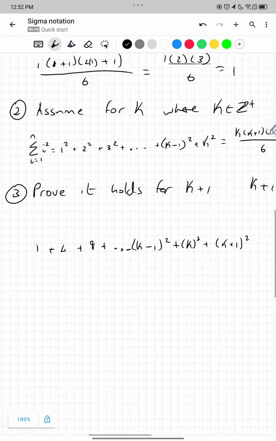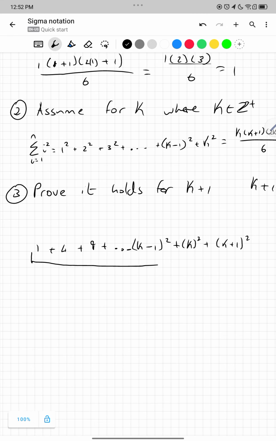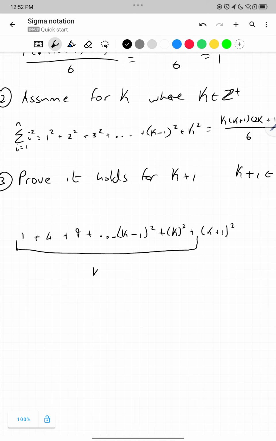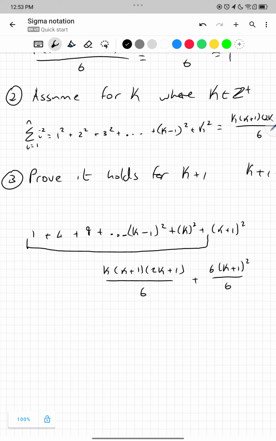So this is equal to k(k plus 1)(2k plus 1) over 6 plus (k plus 1) all squared over 6, right? So what that is saying is the following.